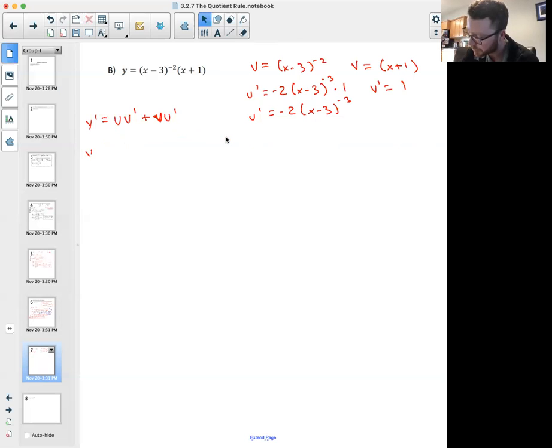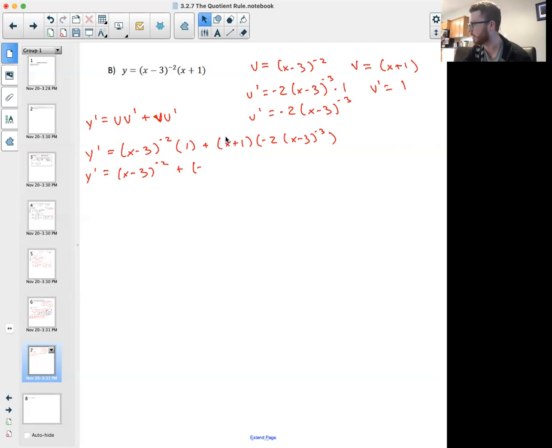Sorry. So y prime. And u prime is -2, x minus 3 to the -3. Okay, so like we did earlier, we can simplify this a little bit. So 1 multiplied by x minus 3 will just be 1. And then we'll take the -2 out front.